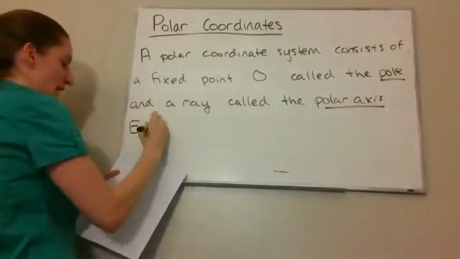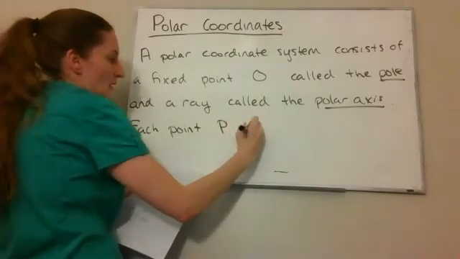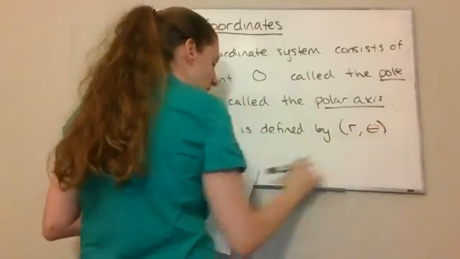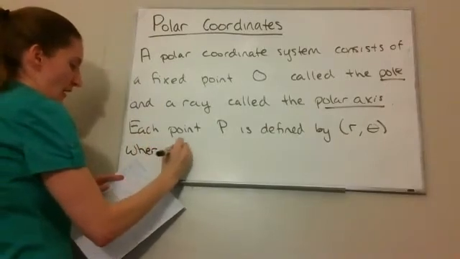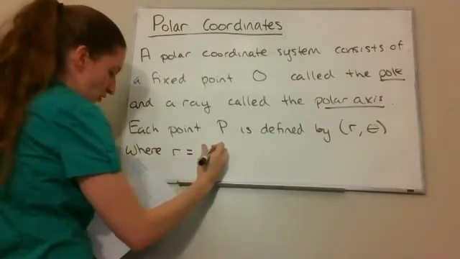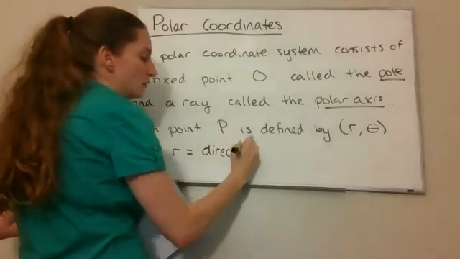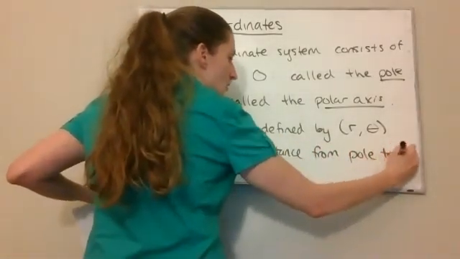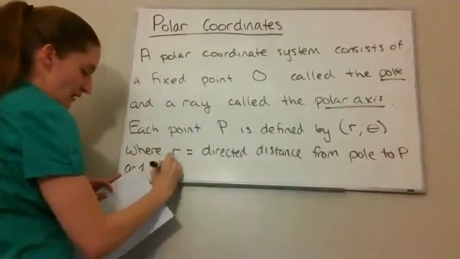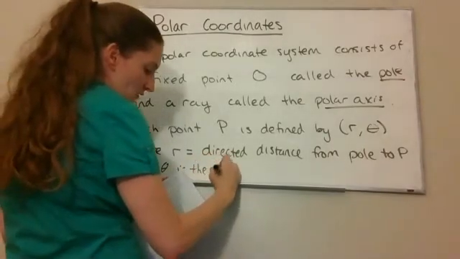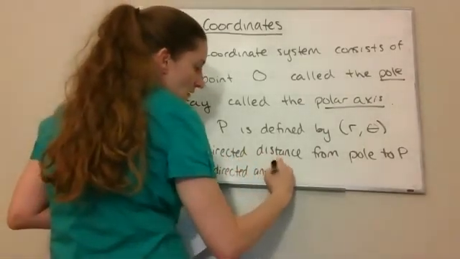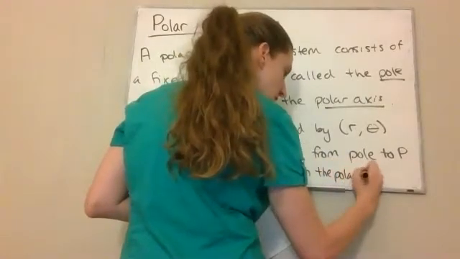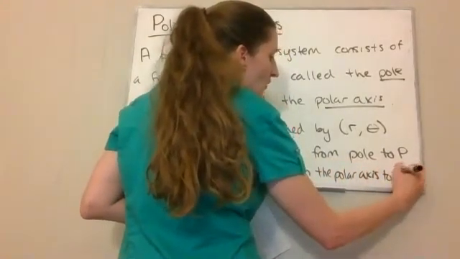And then every point P is defined by the ordered pair (r, theta), where r is the directed distance from the pole to the point P, and theta is the directed angle from the polar axis to the line OP.